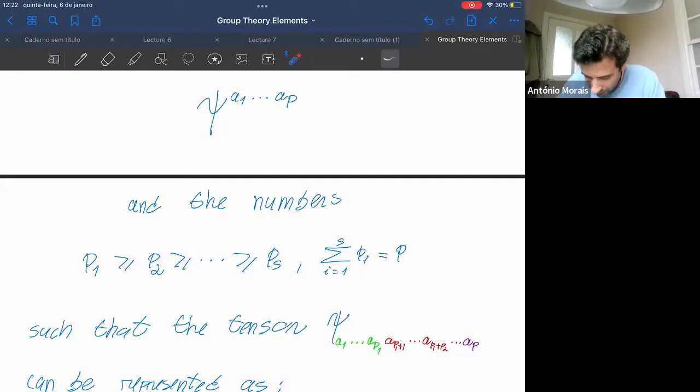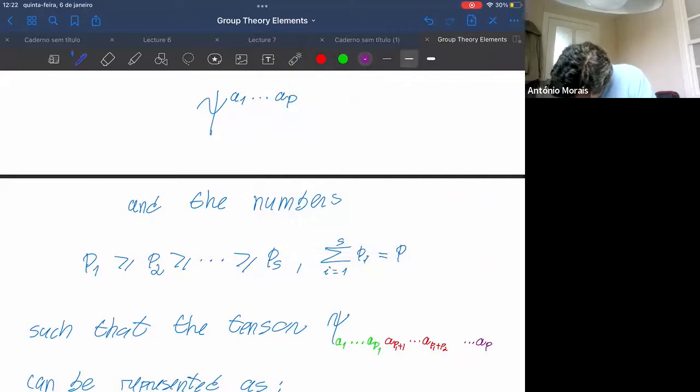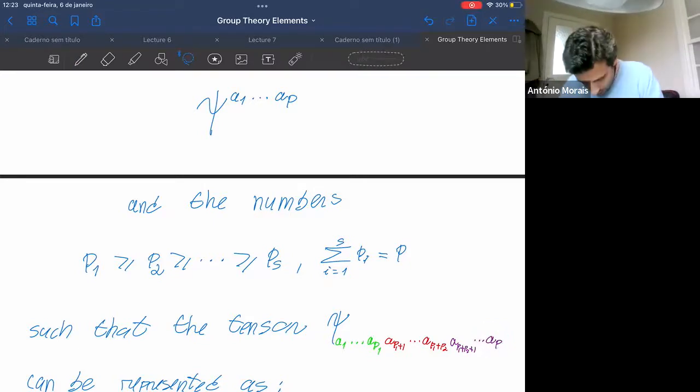all the way up to a_p. So I can even write here, I need to pick the same color, maybe this one, just to make things a little bit clearer, a_(p1+p2+1), and this goes all the way up to a_p.